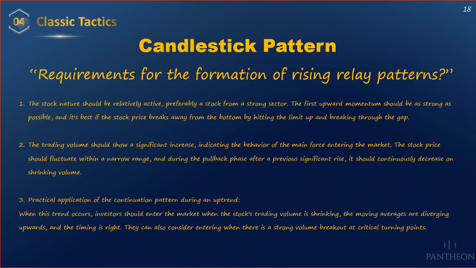The stock price fluctuates a little, and there is a continuous decrease in volume during the pullback period after a previous sharp rise. How should we apply the classic rising relay pattern in actual practical trading?